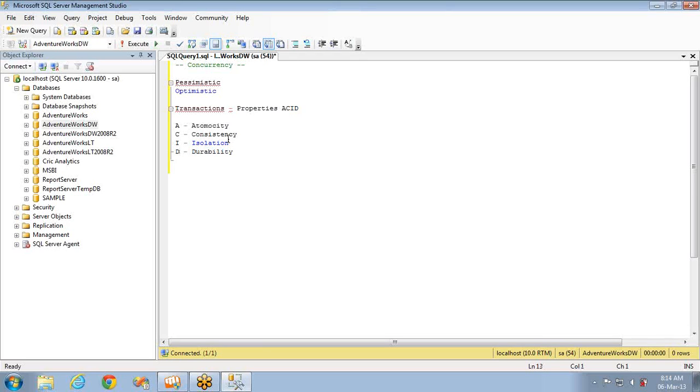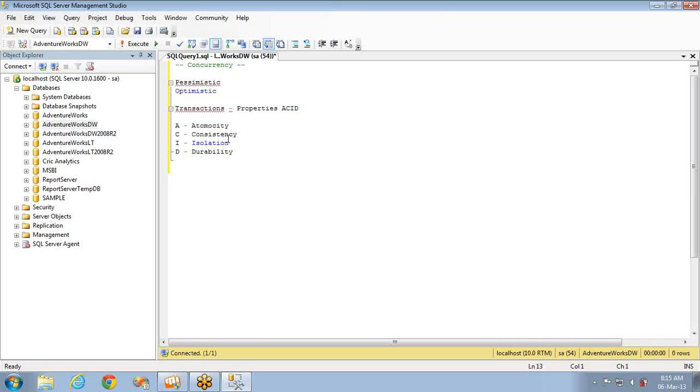So in short, it is pretty famous as the word ACID. Transactions have the following properties: A stands for atomicity, C stands for consistency, I stands for isolation, and D stands for durability.